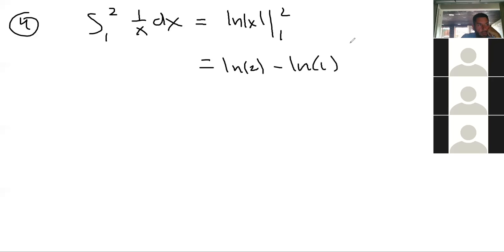But as we just already said, log 1 is 0, so you get log 2. That's one way to think about it. So now we're showing you that you can approximate the log 2 without using a calculator. You can use integration to do this.